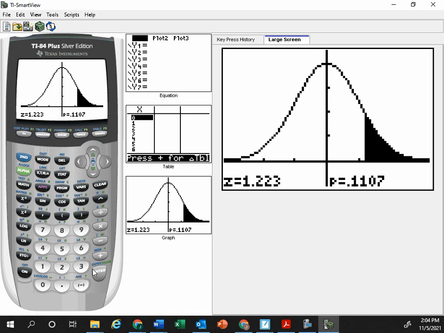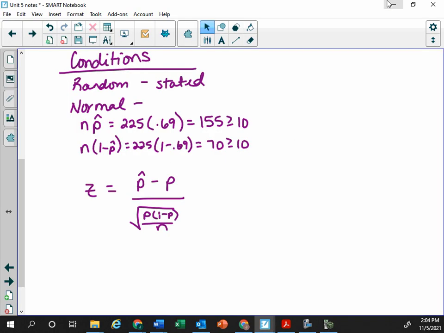Could you do what? I'm sorry. Yep. And I was just letting it draw for me first, and then I'll draw it. So, yeah. All right, are we getting 1.223 and 0.1107? Yeah. Anybody troubles anywhere? So yes, I'm going to go ahead and draw my picture over here.